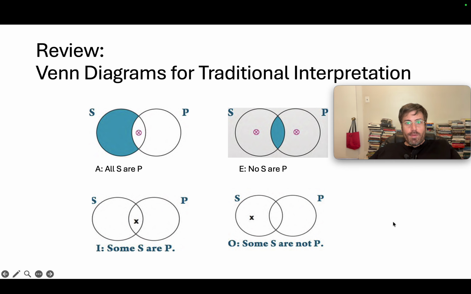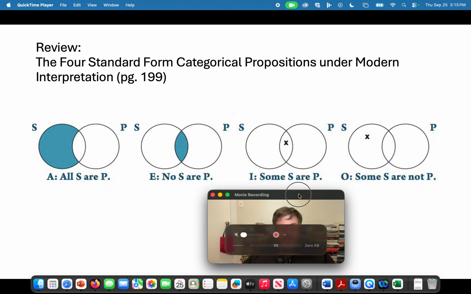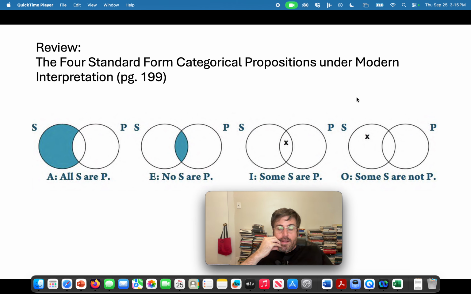Okay. Hopefully by now you have gotten familiar with the Venn diagrams and the difference between traditional and modern. So let's just have a look at how this looks on the modern interpretation. Again, with the modern interpretation, we don't have the issue of existential import for universals, so we don't take there to be existence for universals. So we're not going to use circled X's for the universals.